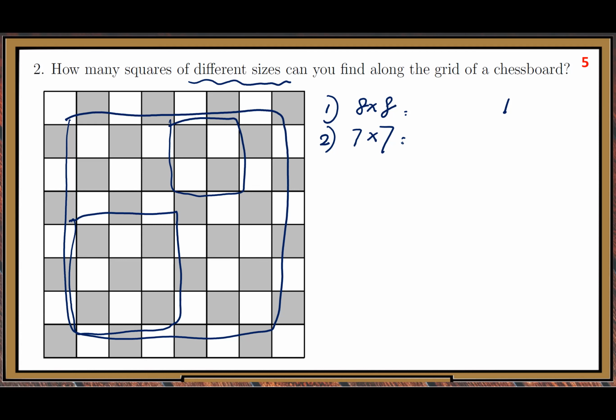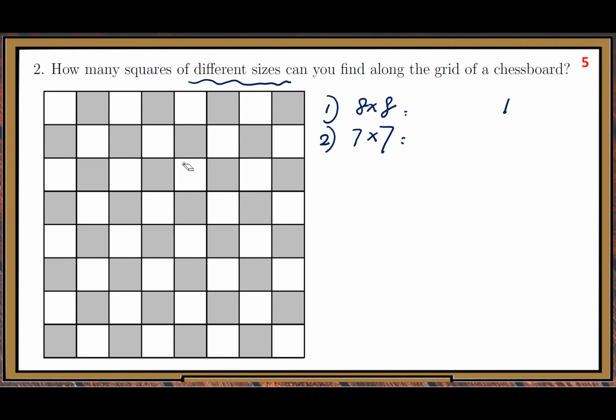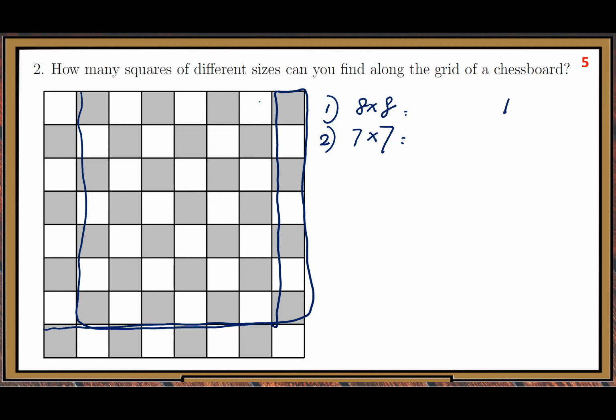So here 7 by 7. Because 8 by 8, that's easy. 7 by 7, look at the horizontal. How many 7 by 7 can we have? Horizontal, this is 1, 7 by 7 square. Then another one, 7 by 7. So horizontally, you have 2, right? Vertical, you have 1, you have 2, right?